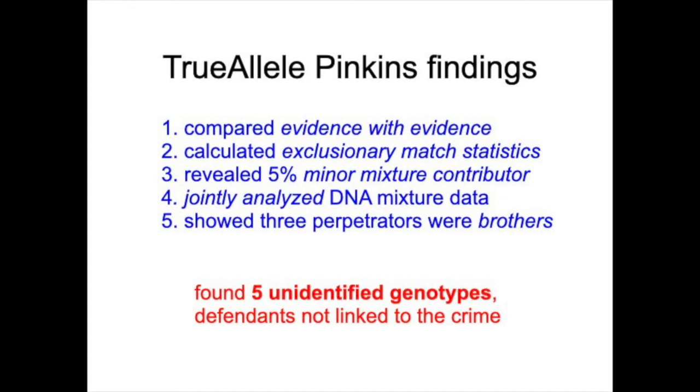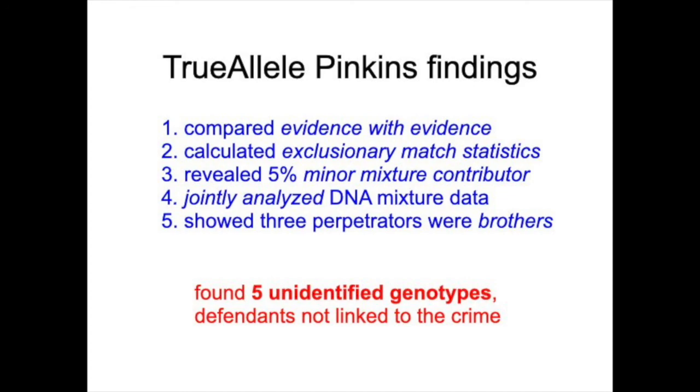Secondly, we could calculate exclusionary match statistics. We could reveal a 5% minor mixture contributor. We could jointly analyze mixture data across multiple items to get more information from the same data. We could also show that 3 of the perpetrators were brothers, which meant none of the accused people were.